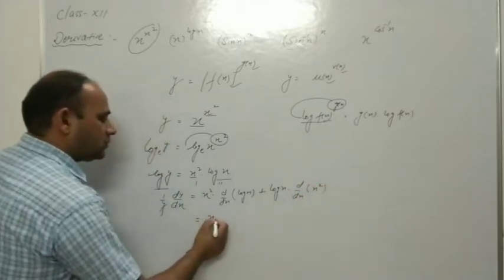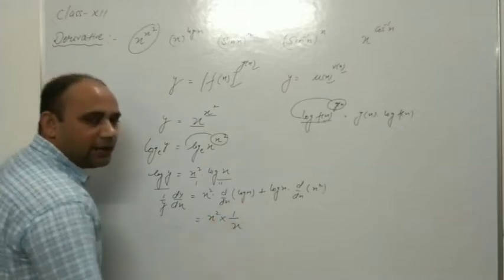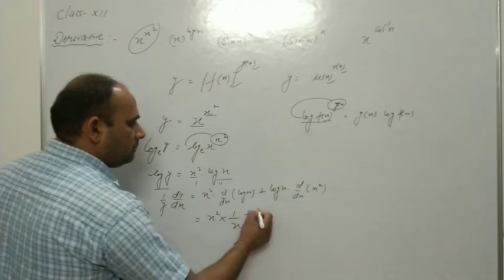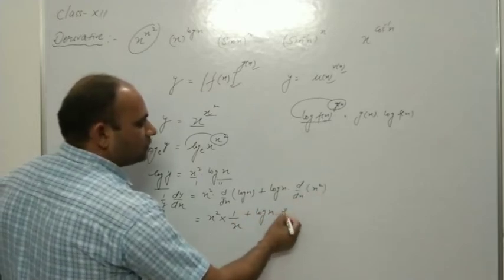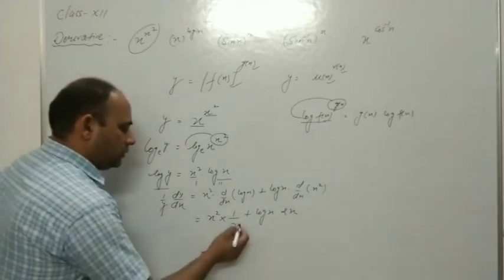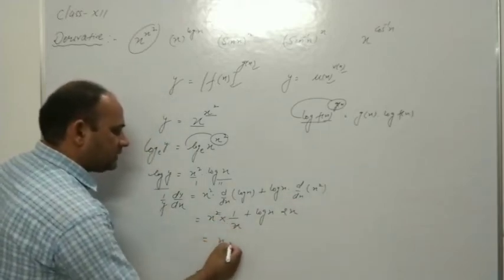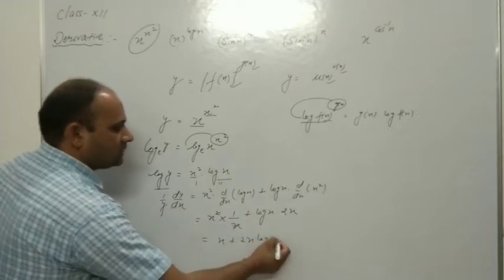So x square times 1 by x, which is the derivative of log x, plus log x as it is times 2x, which is the derivative of x square. Now you can cancel: x plus 2x log x.